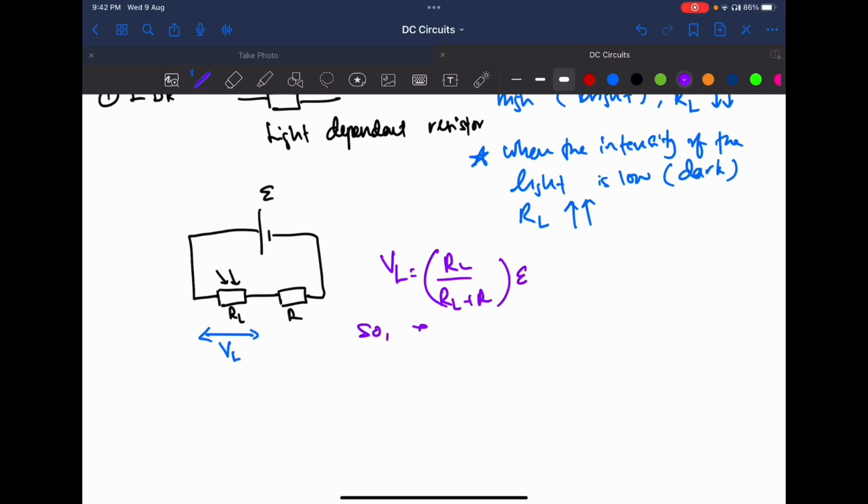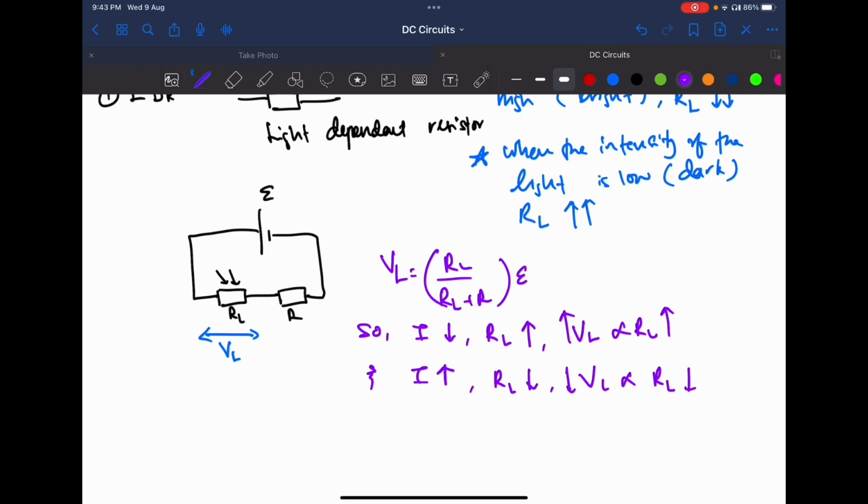So when the intensity of the light is low, RL will be high. VL is proportional to RL, so when this is high, VL will be high, right? And when the intensity is high, the resistance of the LDR becomes low, VL is proportional to the resistance of the LDR, so when this is low, VL becomes low.